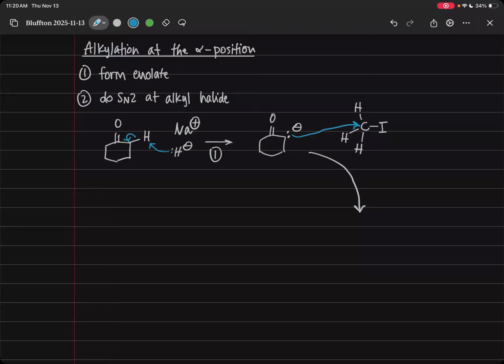So there's our carbon-carbon bond forming and the alkylation. And our leaving group is the iodine. And there's our alkylated alpha position and the leaving group ion.